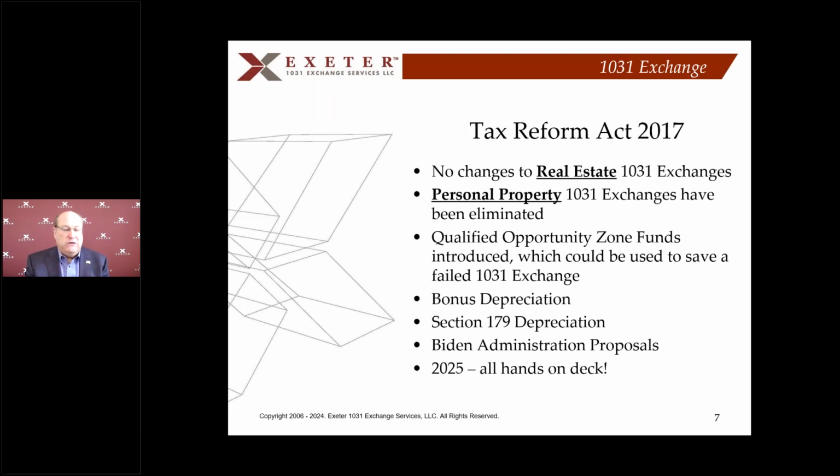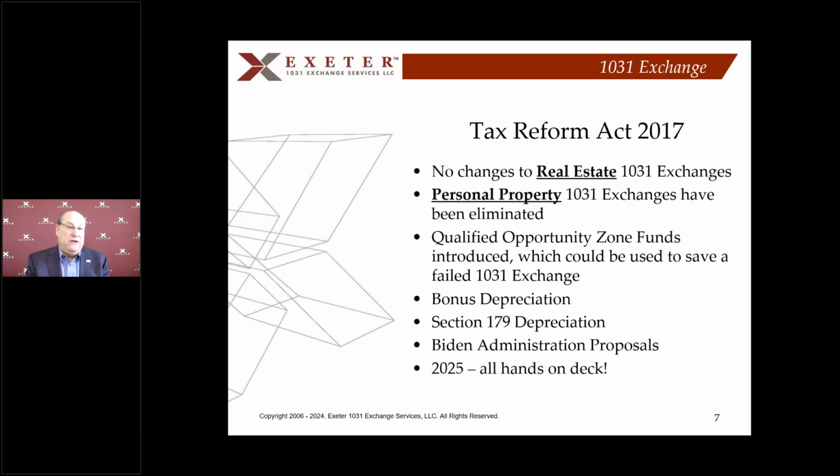However, it could be a great way to save a failed 1031 exchange. So if you've sold your property, you're in the middle of a 1031 exchange, and for whatever reason you can't find or locate or even close on properties to complete your 1031 exchange, you could look at a Qualified Opportunity Zone fund as a backup strategy to allow you to defer the current tax for a couple of years.